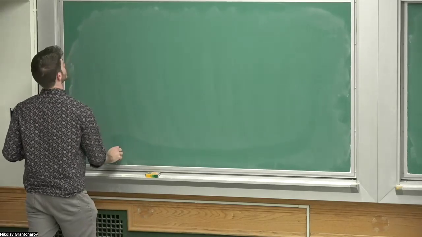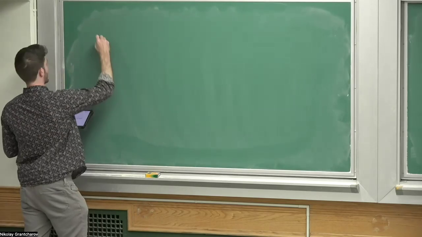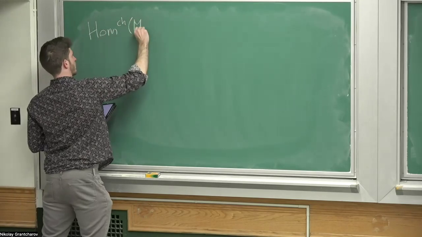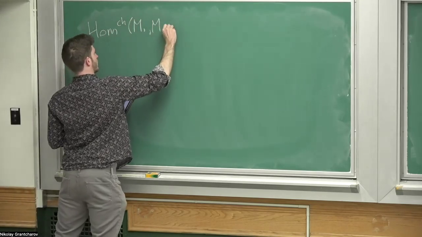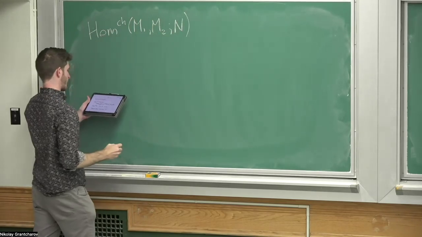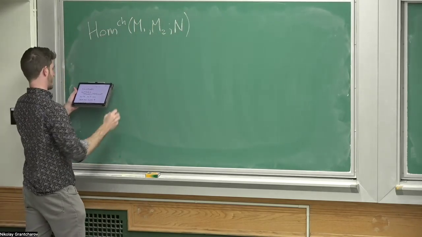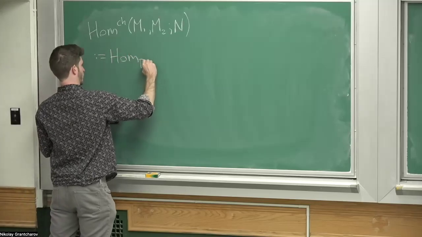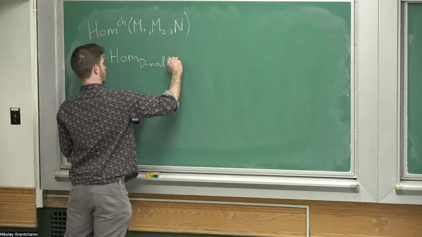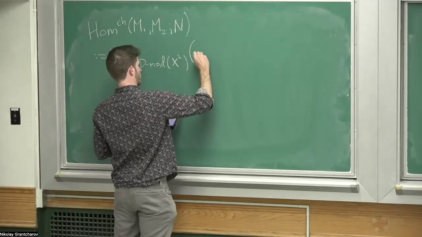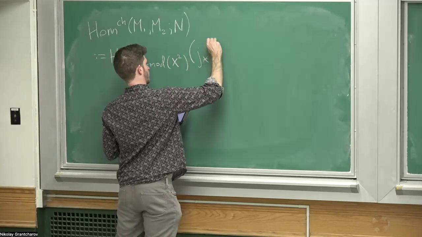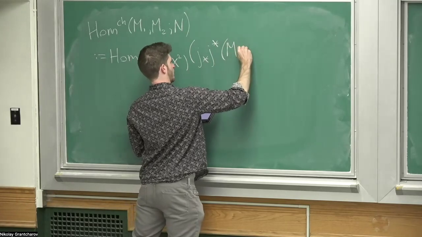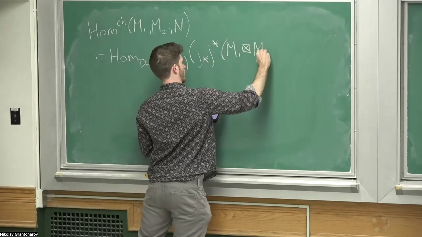Say I have these three D-modules, M1, M2, and N. Then I can talk about chiral pairings, a certain kind of pairing from M1, M2 to N. By definition, a chiral pairing is a morphism of D-modules on X squared from j lower star j upper star of M1 box times M2.